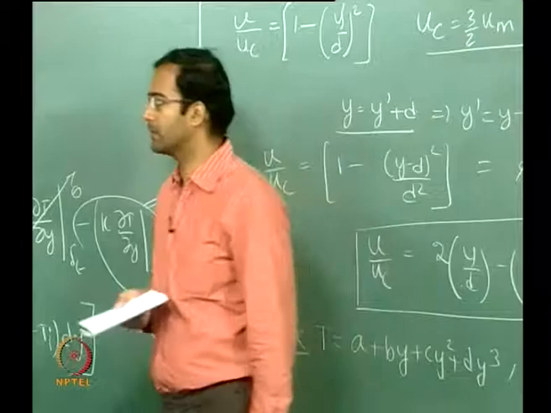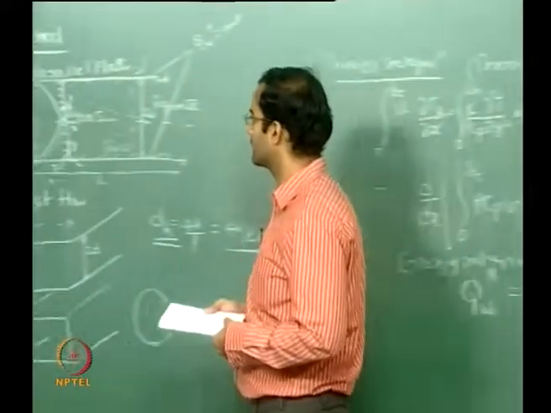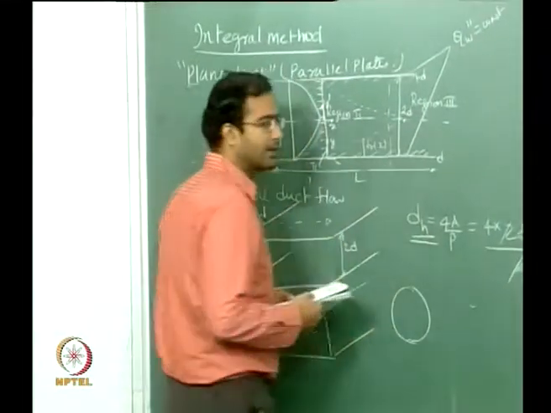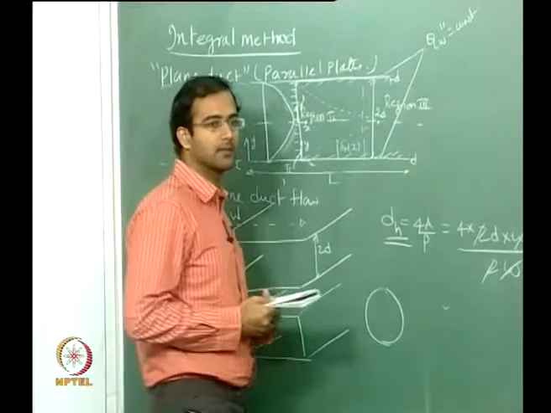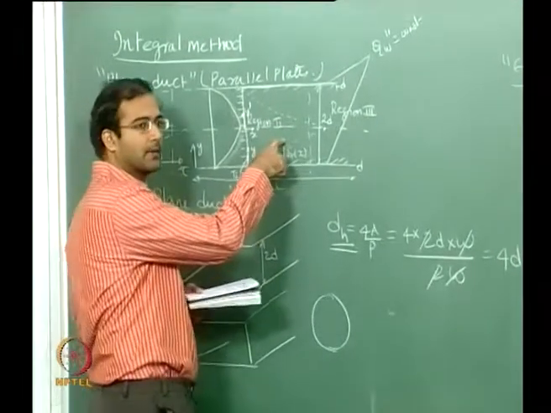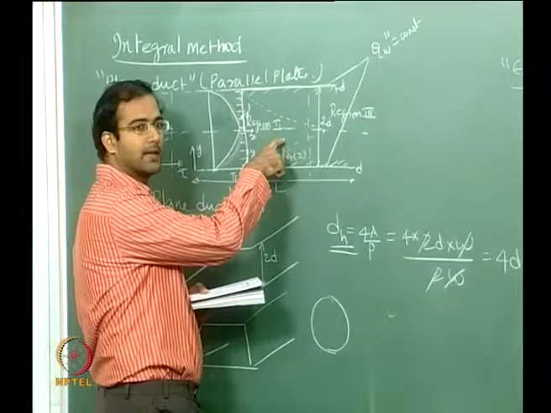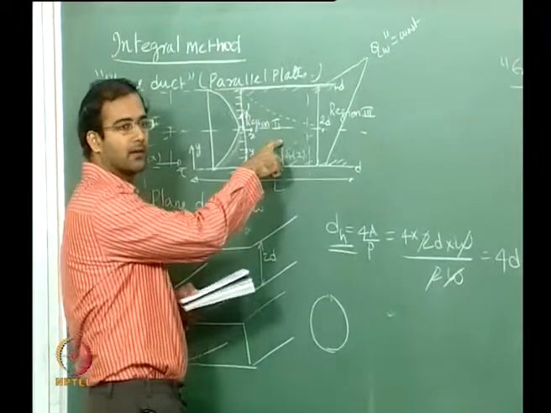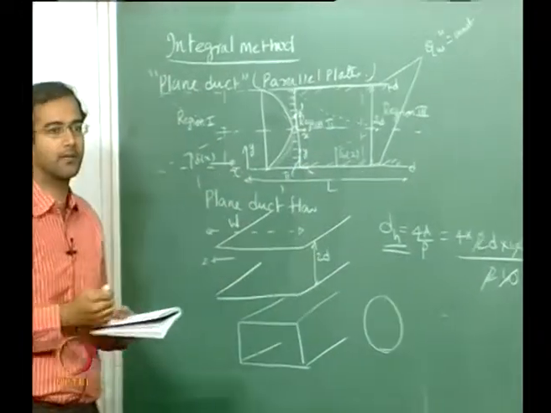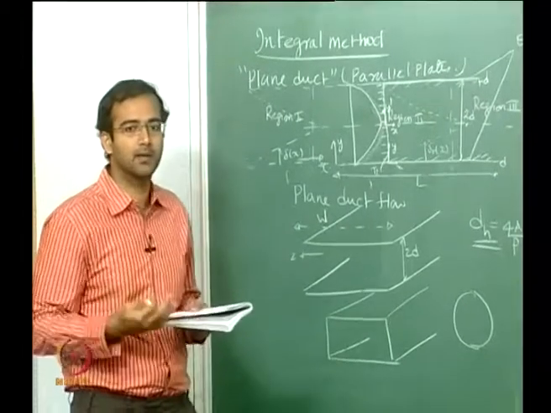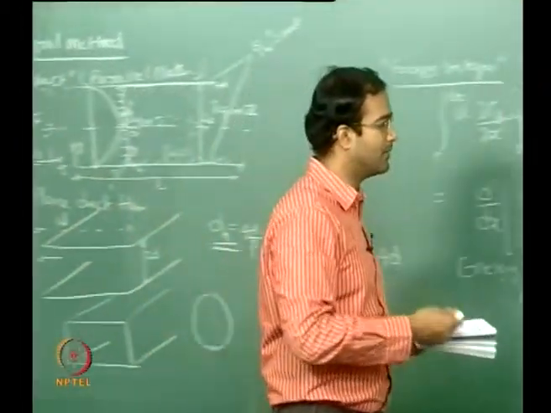What will be the value of temperature at y equal to delta t? Ti, right? Because outside the thermal boundary layer, whatever the inlet temperature is, that will be the same. It is like your flow past a flat plate. You have your T infinity outside the boundary layer. So instead of that, you have Ti here.